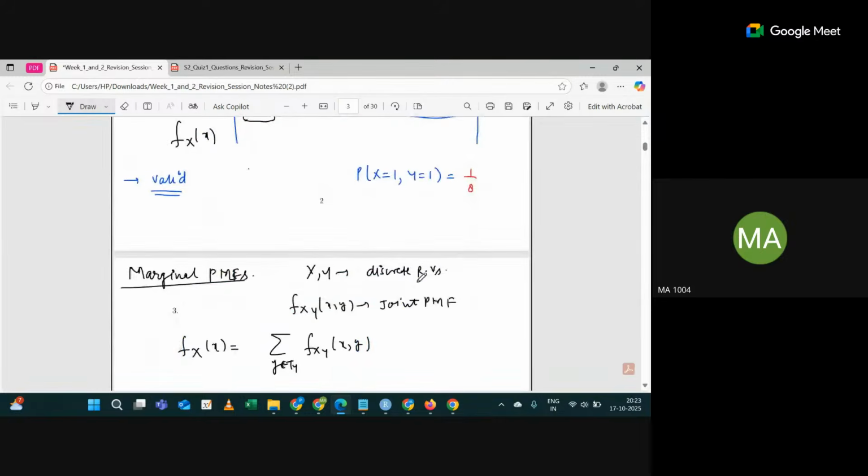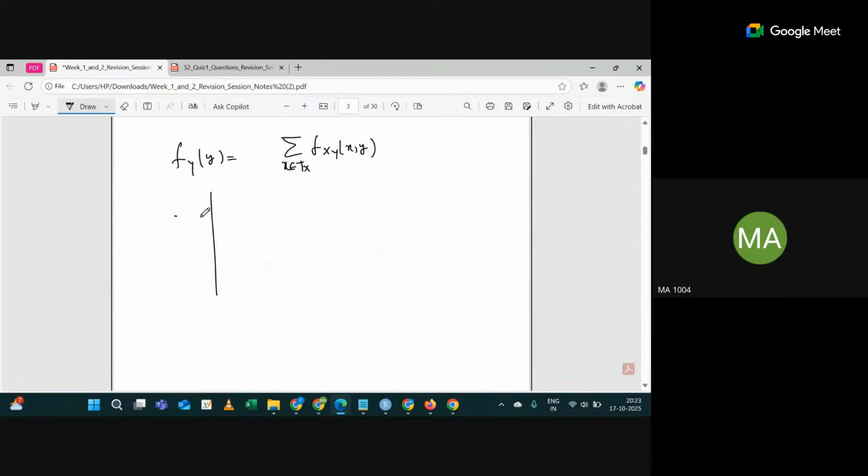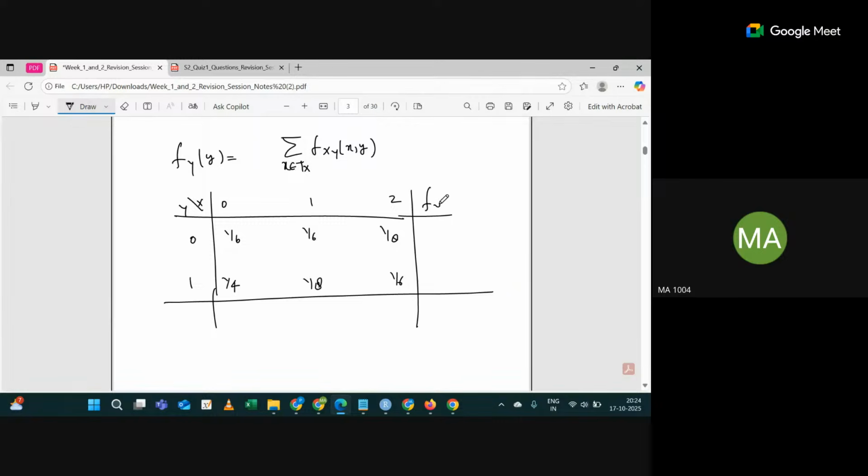Okay, let me make the table here so that it is clear. Suppose this is x, this is y, with x values 0, 1, 2 and y values 0, 1. The entries are 1 by 6, 1 by 6, 1 by 8, and 1 by 4, 1 by 8, 1 by 6. Whenever you need marginal PMFs, you can add columns and add rows, and that will give you the marginal PMF.